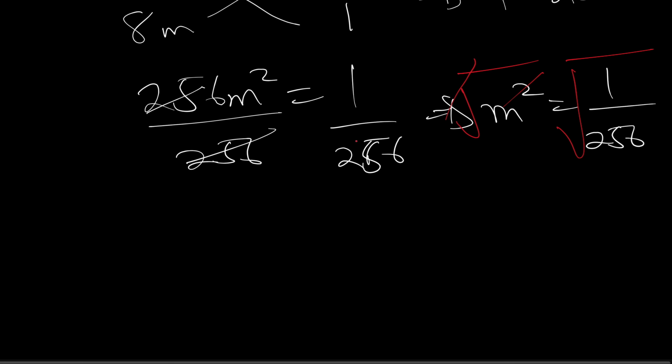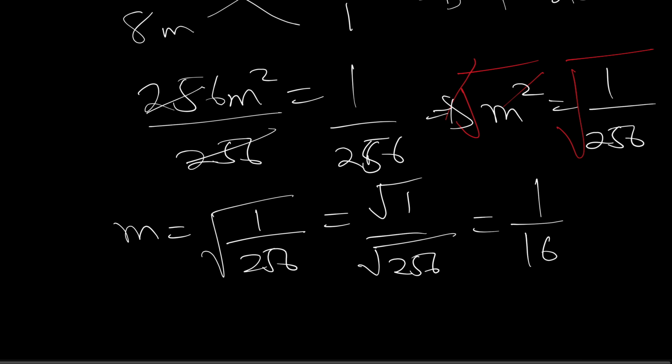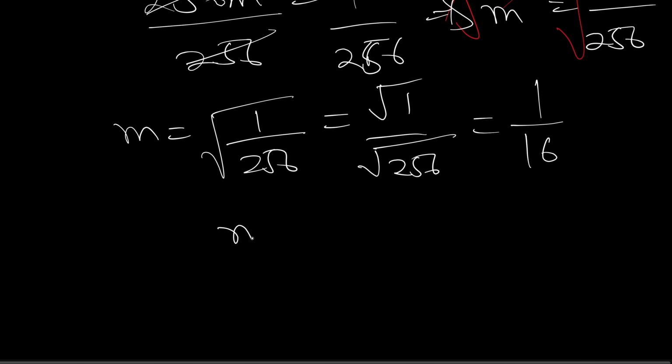Our m will be equal to the square root of 1 over 256. Now this is the same as square root of 1 over square root of 256. The square root of 1 is 1 and the square root of 256 is 16. So our m will be equal to 1 over 16.